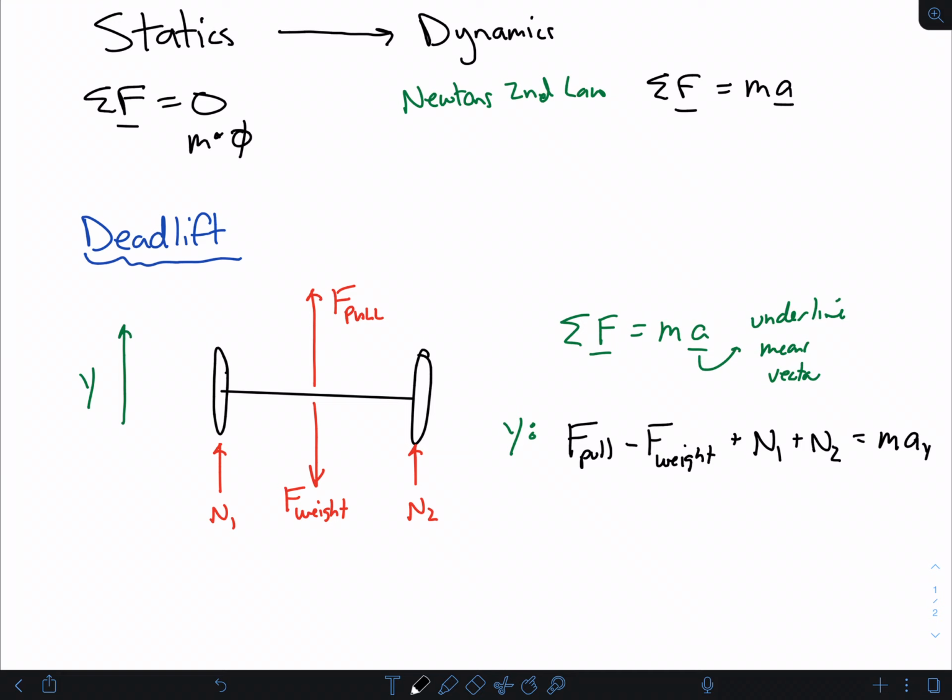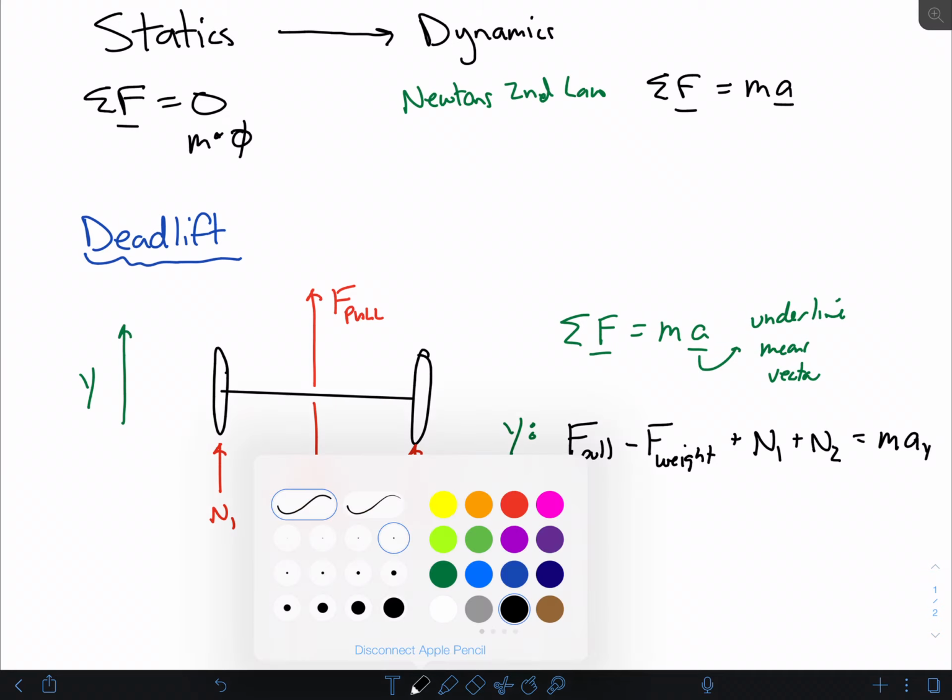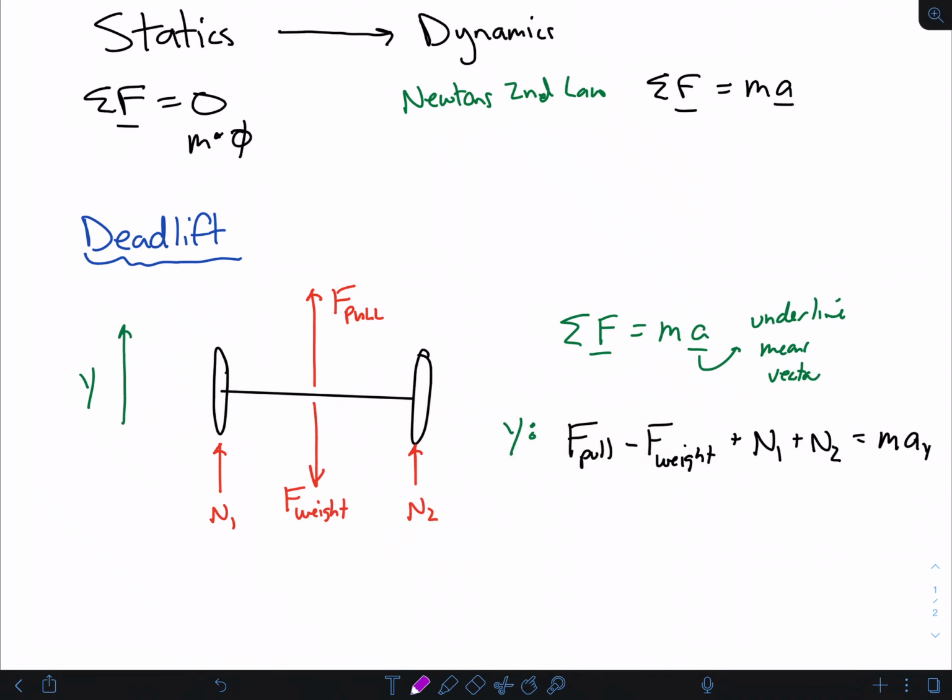When we're thinking about this, what happens as soon as your force of the pull equals the force of the weight? At that instant, right before the bar starts to move, if we're pulling with very little force, the bar isn't going to accelerate; it's still static. But once F pull is greater than or equal to the weight on the bar, then N1 and N2 immediately go to 0.